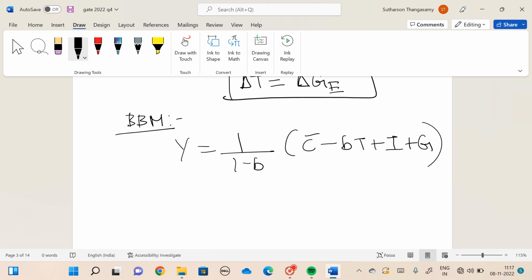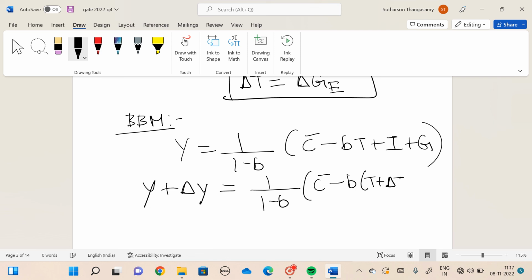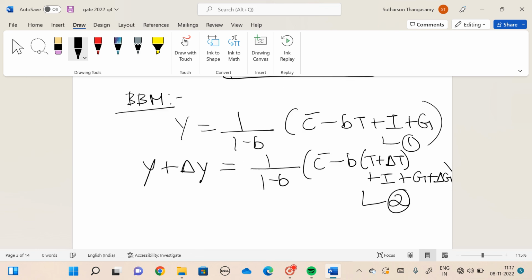There is a change in equilibrium output for a change in both government expenditure and tax revenue. So the change in y is equal to 1 by 1 minus b of c bar minus b of t plus change in t, I'm including the changes in the equation, plus change in g. I'm going to name this equation 2, and this equation is already named 1.